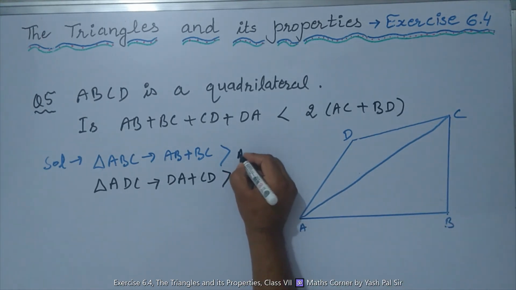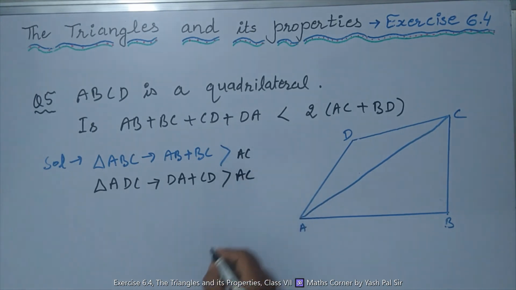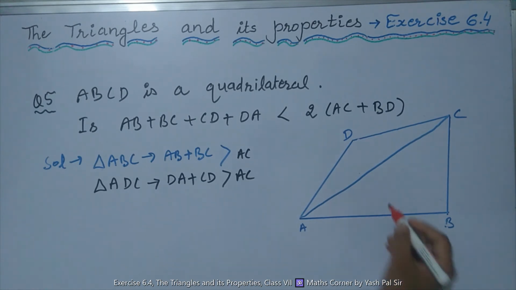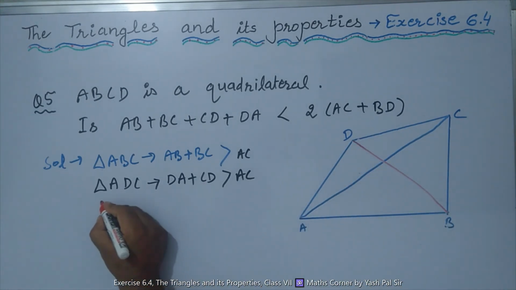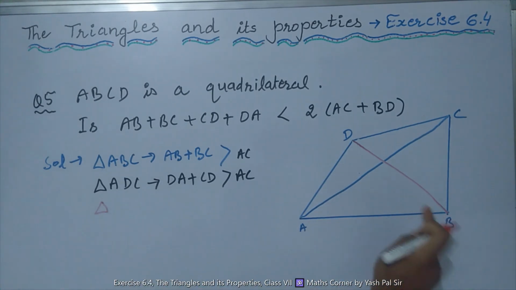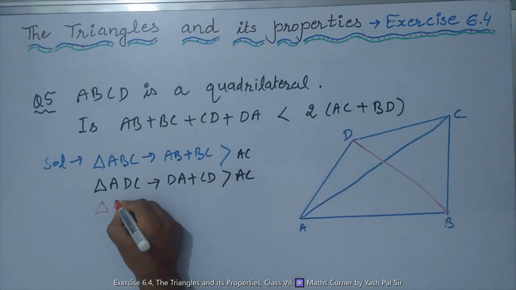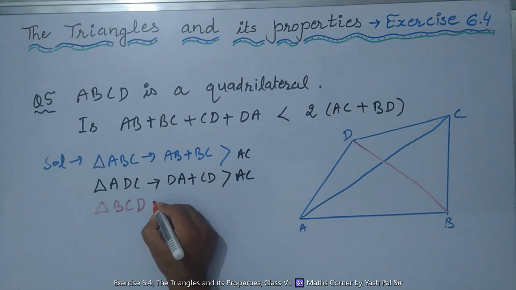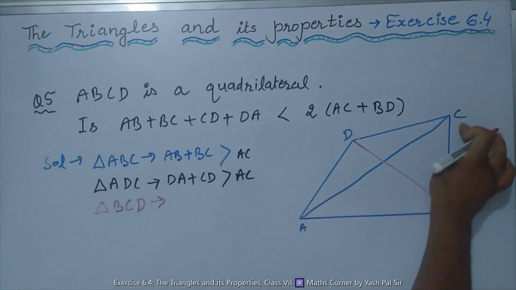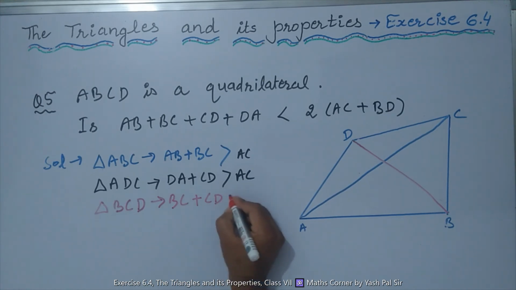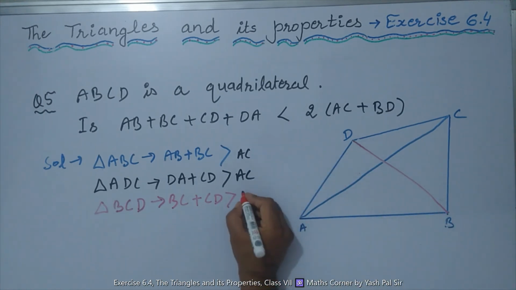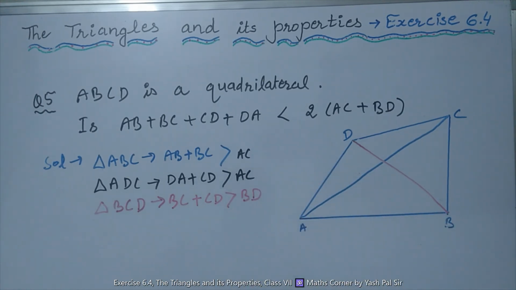Right? Next time we take this as the diagonal. So we have triangle BCD. This gives us BC plus CD is greater than BD.